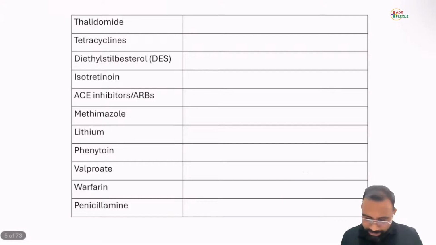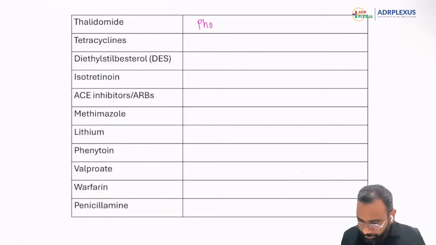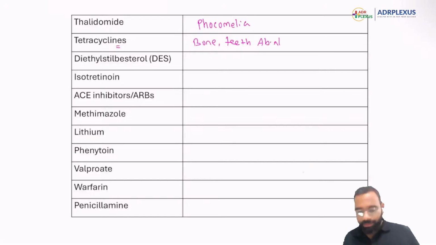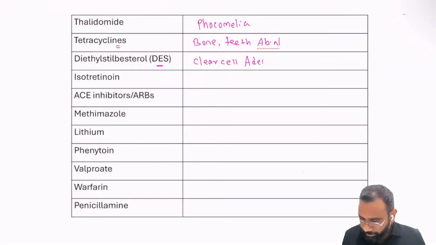So let's see: thalidomide, phocomelia, and tetracyclines, it is going to cause bone and teeth abnormalities. Diethylstilbestrol, it is going to cause clear cell adenocarcinoma.